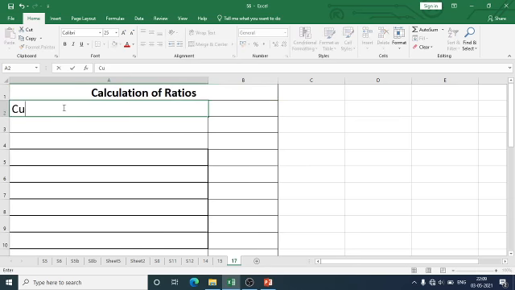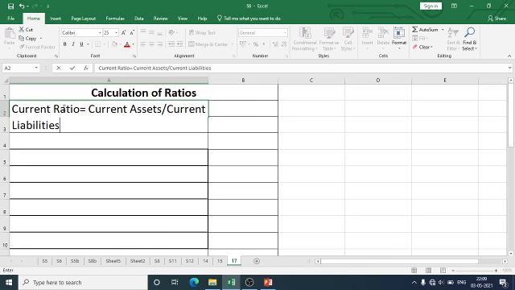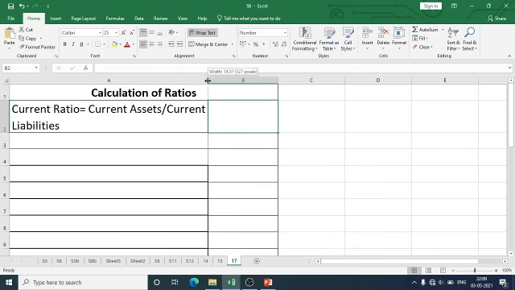The first one, current ratio. Now first we'll write the formula. Current ratio is equal to current assets upon current liabilities. So first the formula, then it will be very clear.